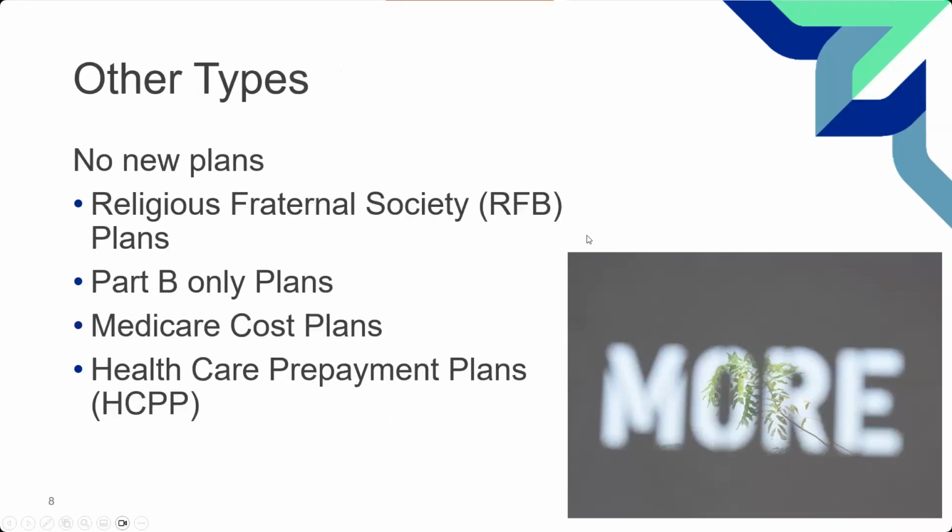But there are some other ones, and I like to call these grandfathered in, if you will. These are the ones that you can't make a new one today, but if they're in your service area, they still could be in existence. So the Religious Fraternity Society plans, it's a not-for-profit organization that provides insurance and other benefits to its members, but they have to share a common religion.